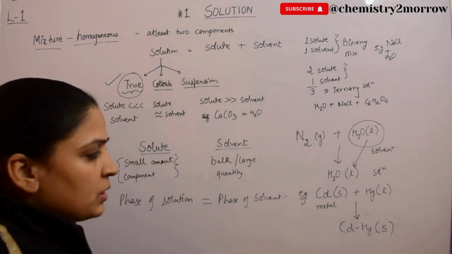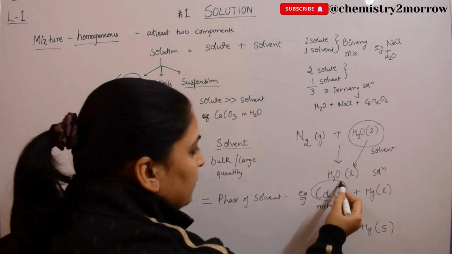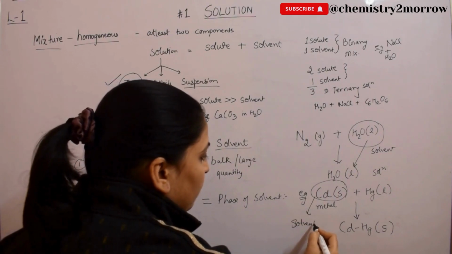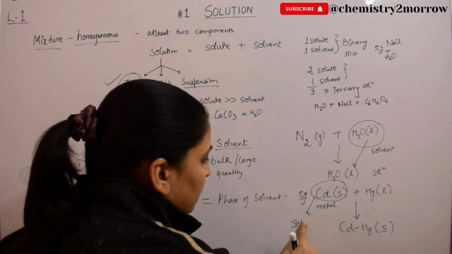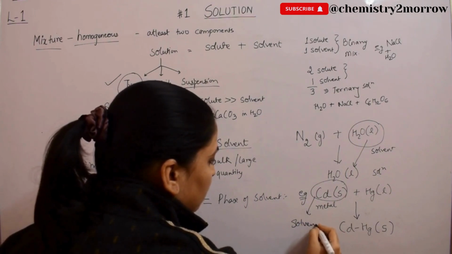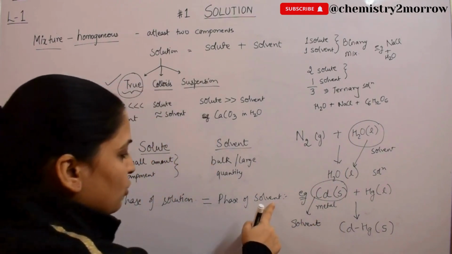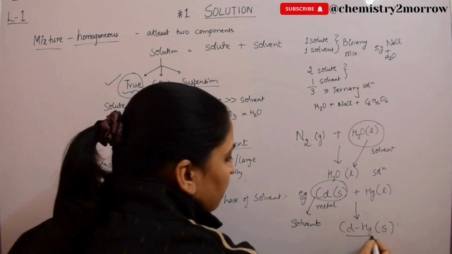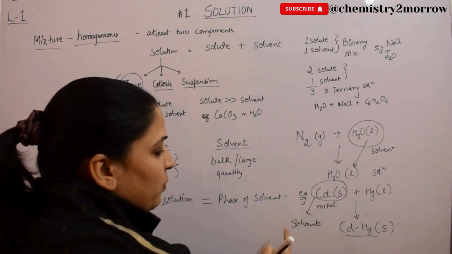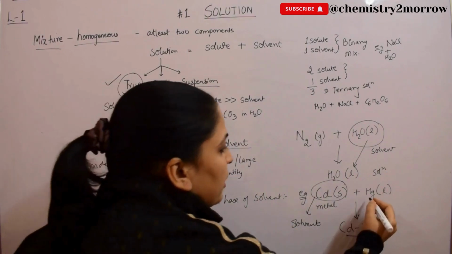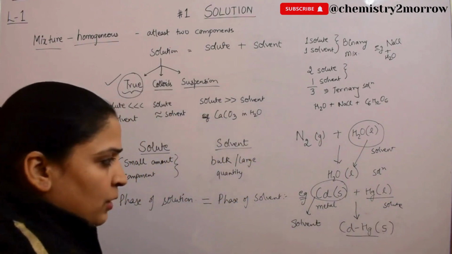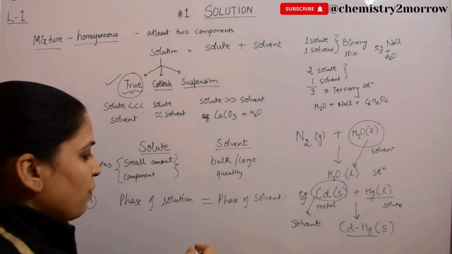So it means this cadmium is the solvent or solute? Sorry. Since I said solvent and solution will have the same phase, so solid and solid. So if this is the solution, then cadmium has to be the solvent and mercury in that case becomes a solute.